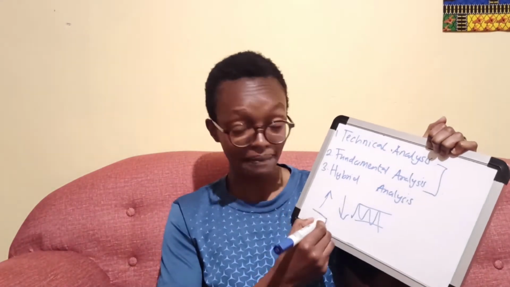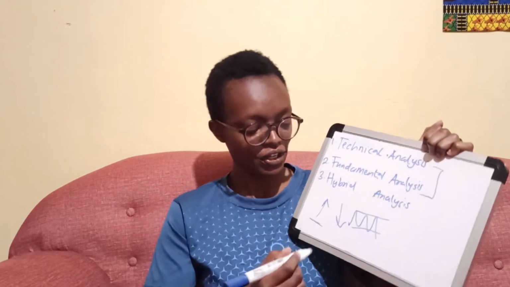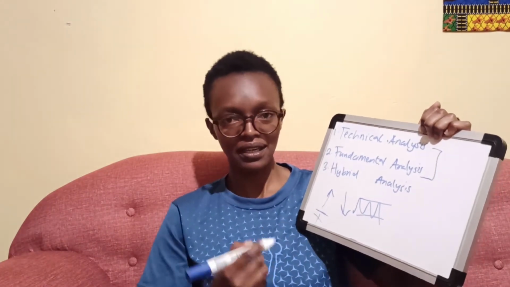So if you predict that price is going to move up and price actually does move up, you end up making a profit. But let's take a scenario where you predict that price is going to move up, but what it does instead is it goes down. Then in that case, you're going to make a loss.